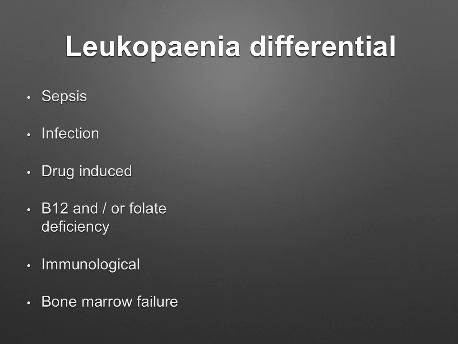In the ICU setting, leukopenia and neutropenia is usually secondary and most commonly due to infection or drugs. A primary hematological problem such as leukemia or another malignancy is possible, but it rarely develops in the ICU, and I don't think it's the kind of thing that's going to come up in the exam.